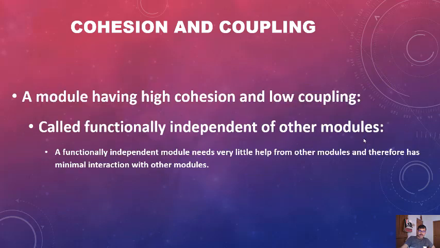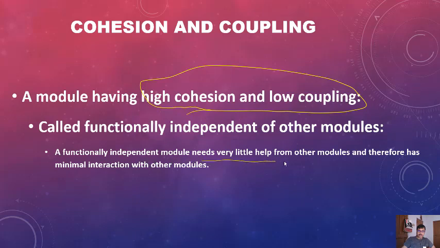A module having high cohesion and low coupling is our target. Low coupling means the interdependency becomes less, and high cohesion means the module should be functionally strong. A functionally independent module needs very little help from other modules and therefore has minimal interaction with other modules.